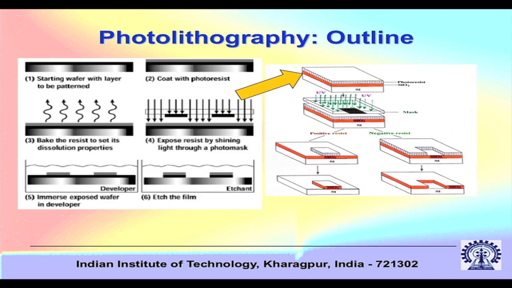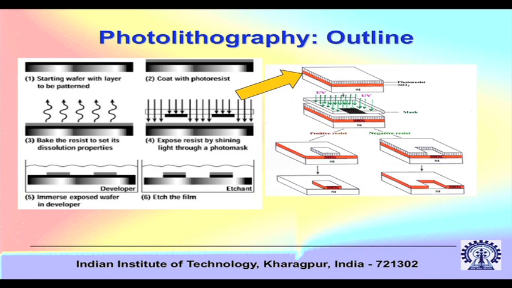So let us say you have a silicon substrate. On the top of that we can have a layer of SiO2. We will see later on why this oxide layer may be necessary, but it is not always a must that you use this layer.